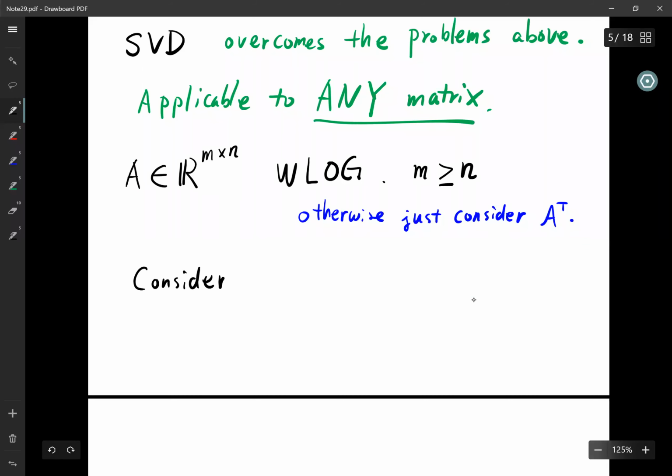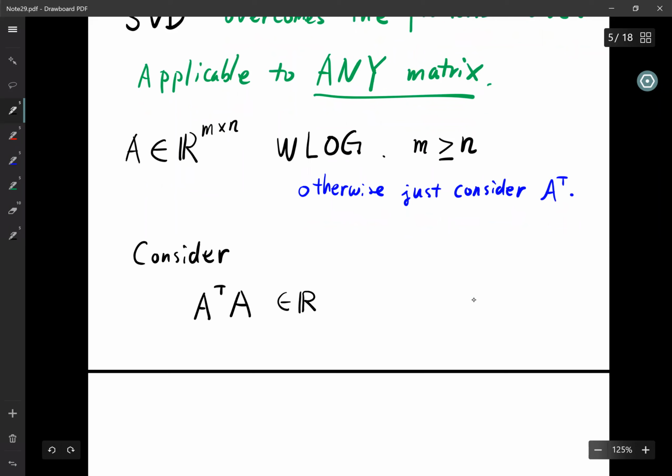The trick is to consider A transpose A, which is a matrix of size n by n. Furthermore, this is real symmetric. So we can do the spectral decomposition theorem.